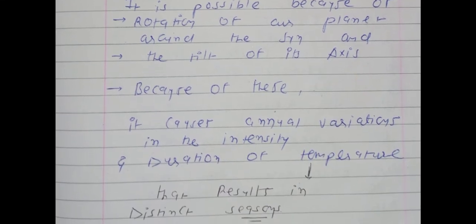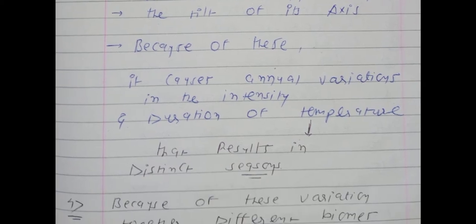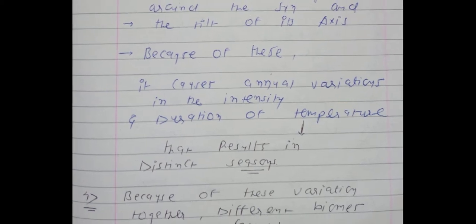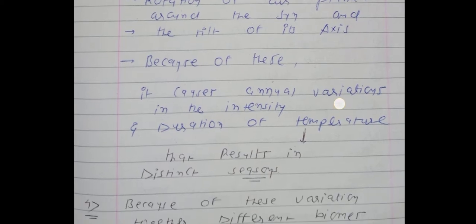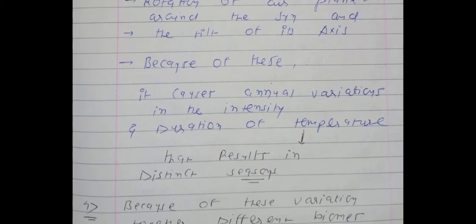Because of this rotation, annual variations are formed in the intensity and duration of temperature, which results in distinct seasons. Again, because of the rotation, annual variations will be there in terms of the intensity and duration of temperature.